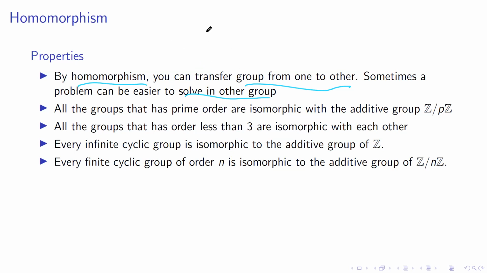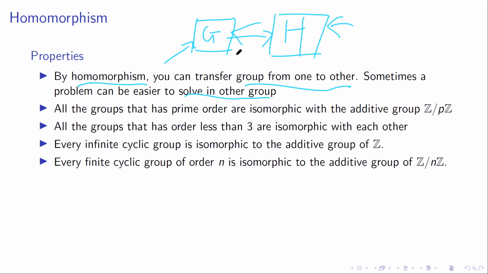Let's say I have a group G, and I want to solve some problem in group G, but it is very hard to solve in group G. But we know that there exists an isomorphism to group H, and we know how to solve the problem in group H. So what I can do is map the problem to H first, solve it in H, and then map it back to G. So I just solve the problem in G. This is like problem reduction in NP problems, NP-complete problems.